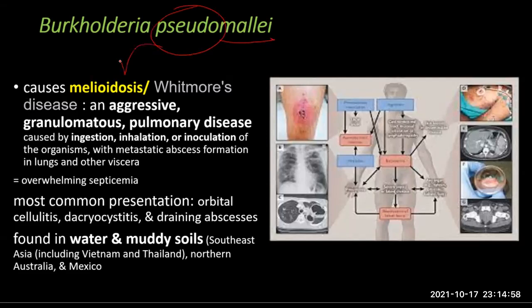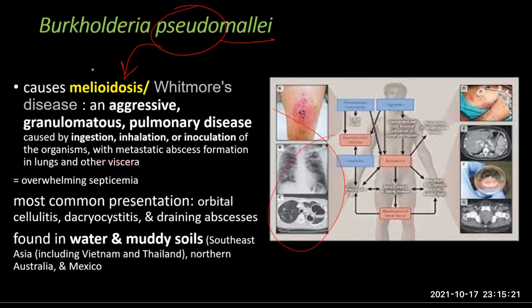So melioidosis. What is it? It is an aggressive granulomatous or pulmonary disease caused by the inoculation, inhalation, or ingestion of the organisms, with metastatic abscess formation in the lungs and other viscera.